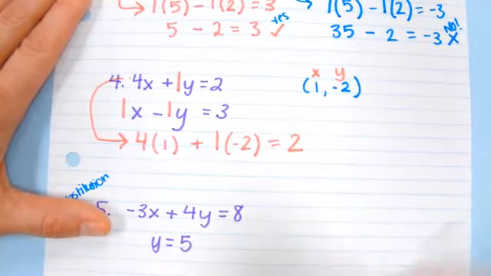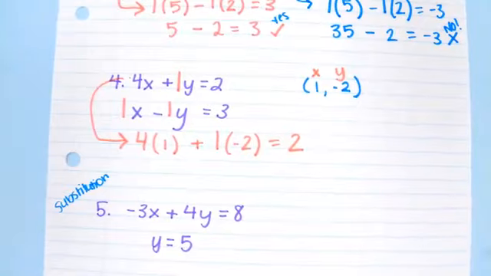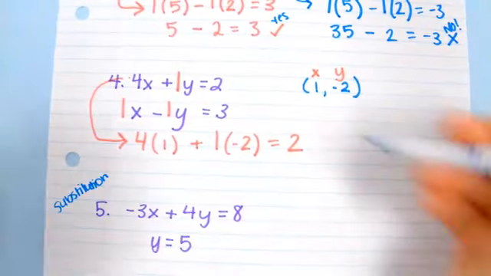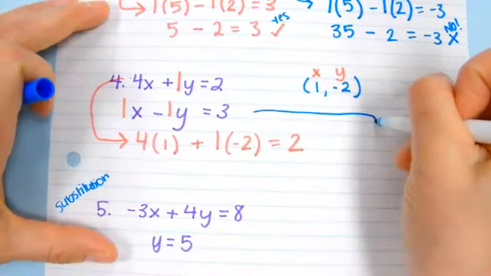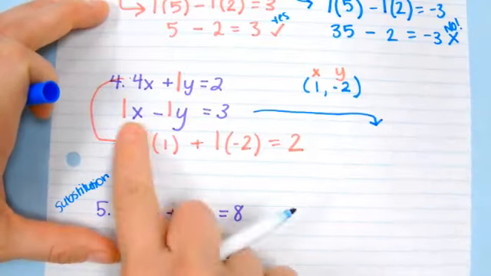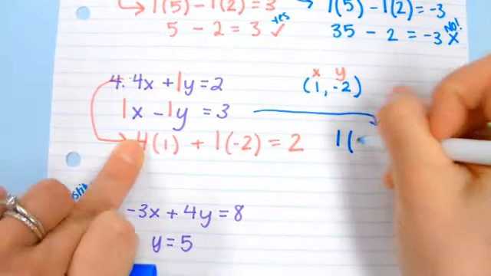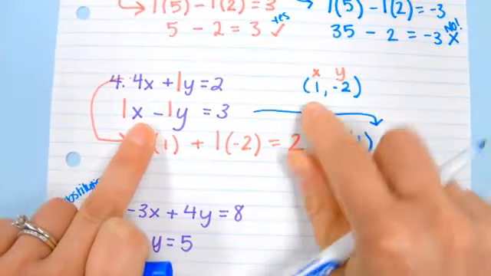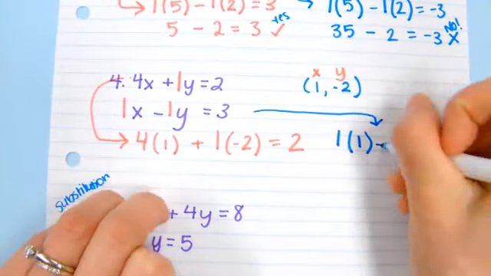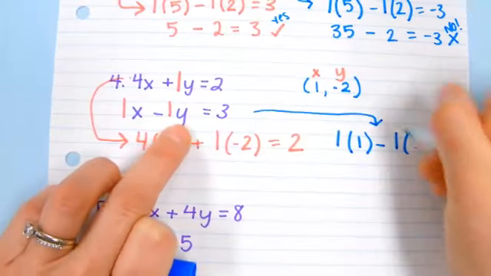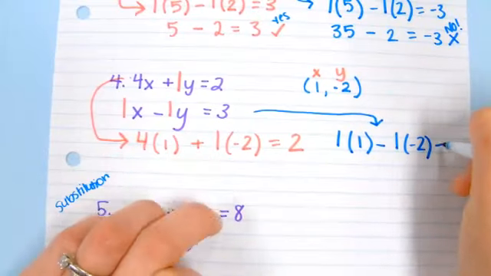If it's a yes, then you want to do the second one. Let's set up the second one so that you can do that. So this one would be 1(1), because that's X, minus 1(negative 2) equals 3.